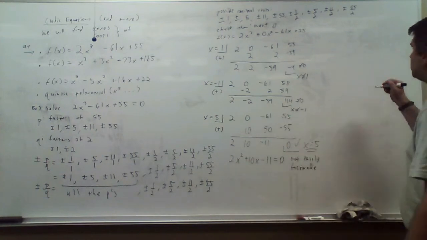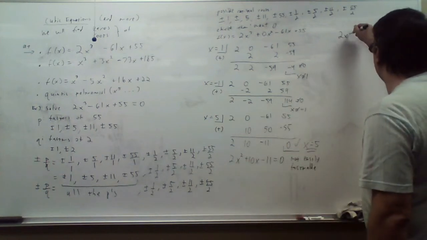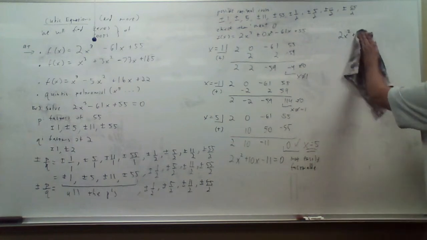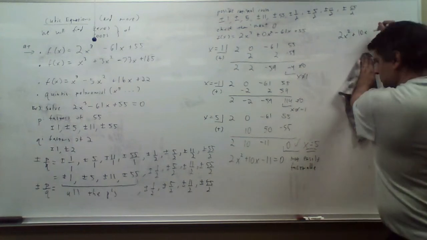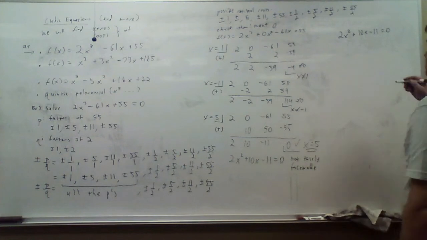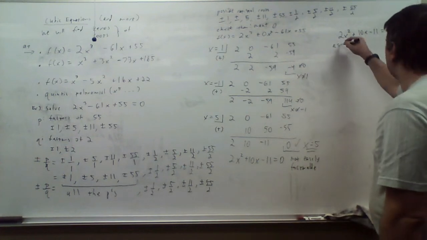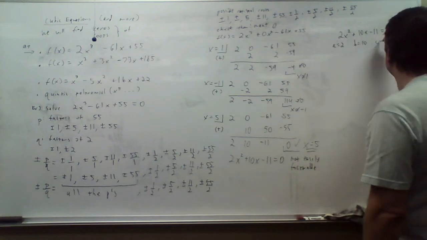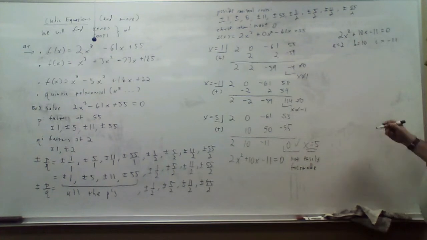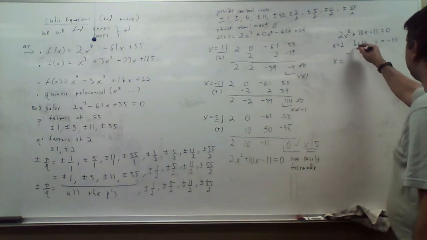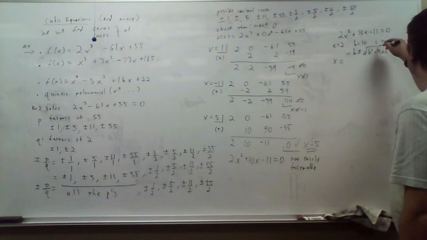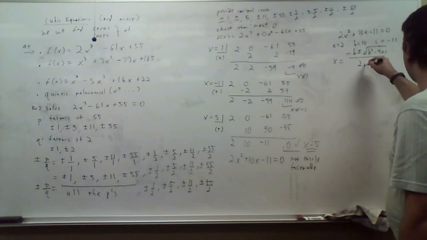So I would use the quadratic formula. A equals 2, B equals 10, C equals negative 11. And x equals negative b plus or minus the square root of b squared minus 4ac, all over 2a.